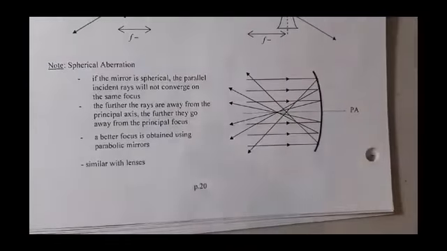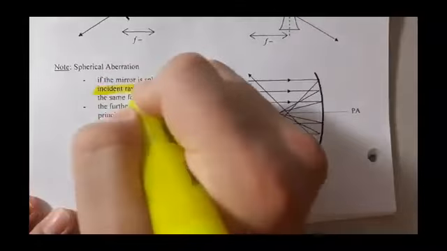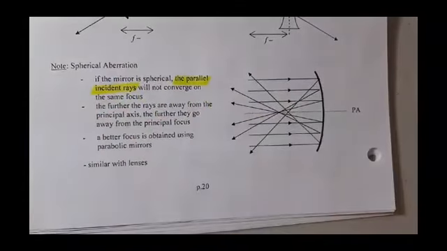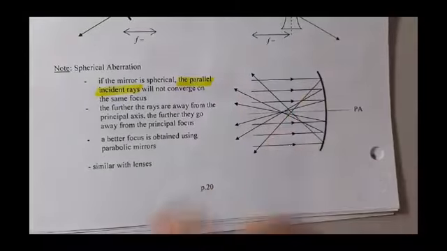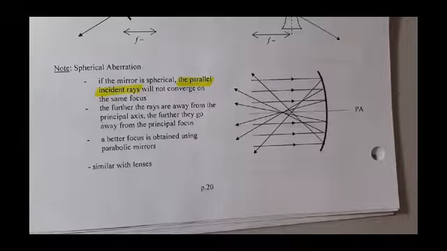If the mirror is really round and becomes a sphere, consider the parallel incident ray. First of all, what is a parallel incident ray? Think about it this way. Radiation is always straight, so you're looking straight towards an object and through the mirror. Every radiation is parallel to the principal axis over here.